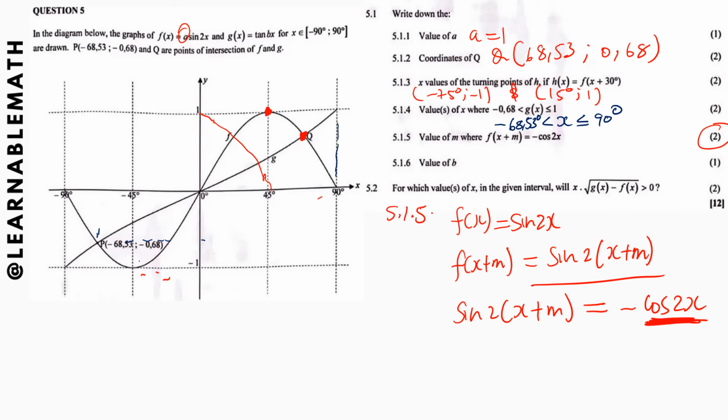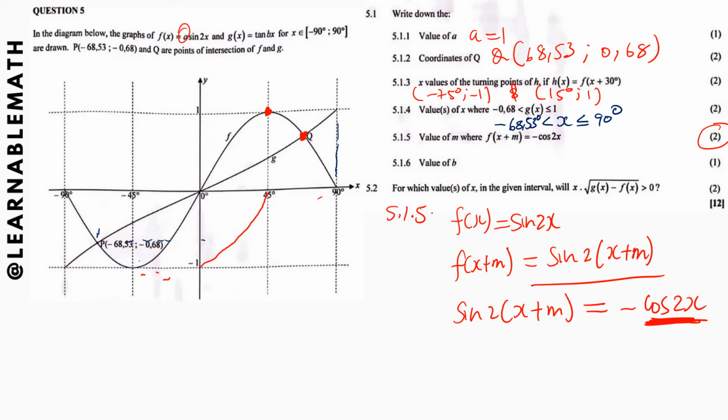Rather we must draw the negative 1, which will move like this, as it reaches 90. Cos 2 times 90 will give us negative 1, so it will move like this, and then this side it will move like this.